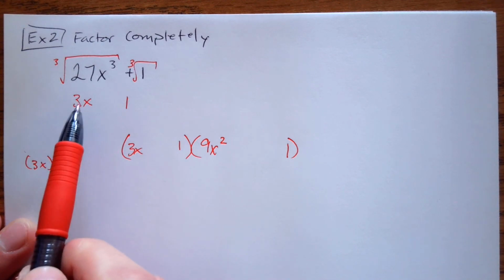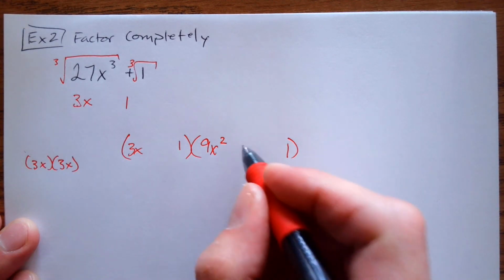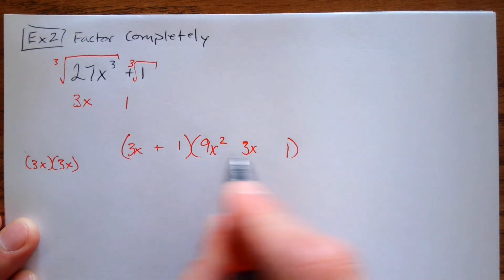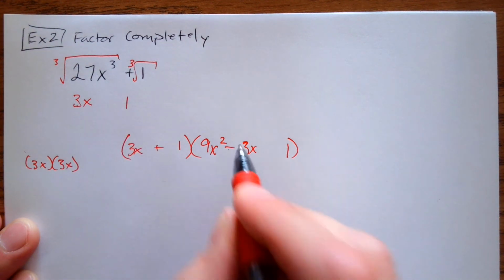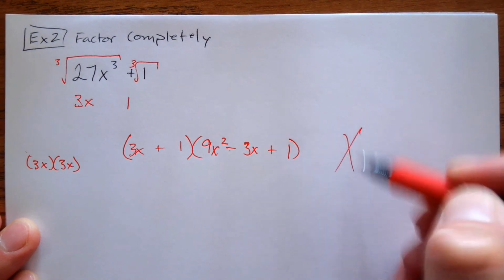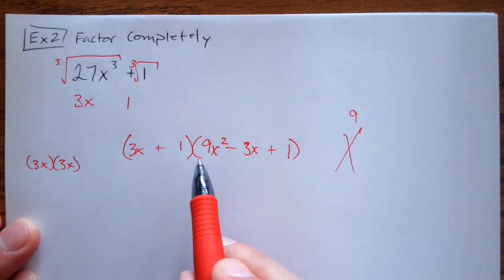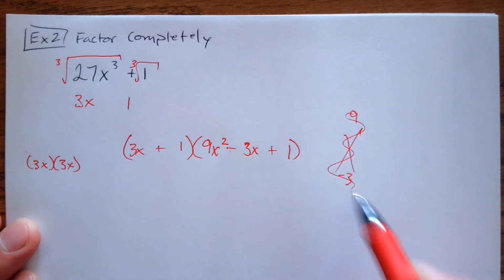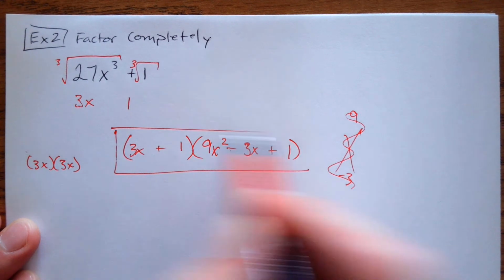And then back to the original, a times b, that's 3x. Same sign as this, opposite sign as this, always positive. And then you check, you can't do anything with 9 times 1 is 9 and negative 3, we already checked that stuff before, so this is the end.